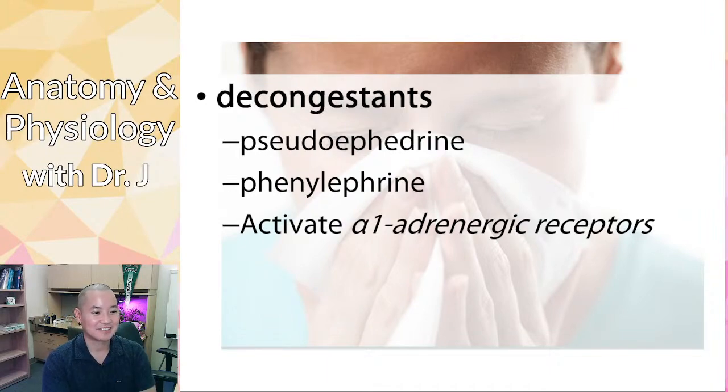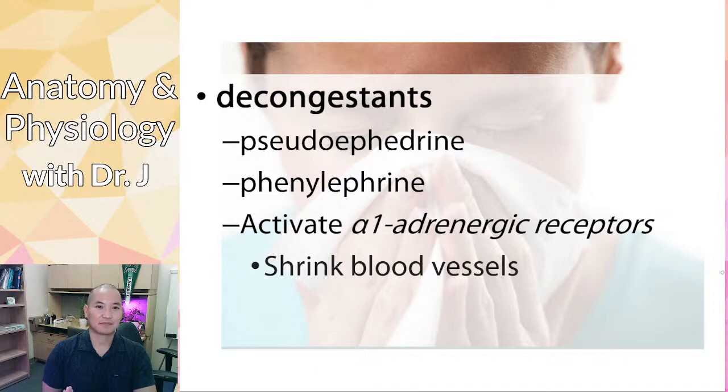All right, so what they do is activate certain receptors on cells, and what it does is cause the constriction of blood vessels. So this is part of the relief it provides. Again, during inflammation and sinusitis, you have all this blood rushing to the tissues of your sinuses. If you constrict it and limit the blood flow to that area, the tissues lining your sinuses are not as swollen.